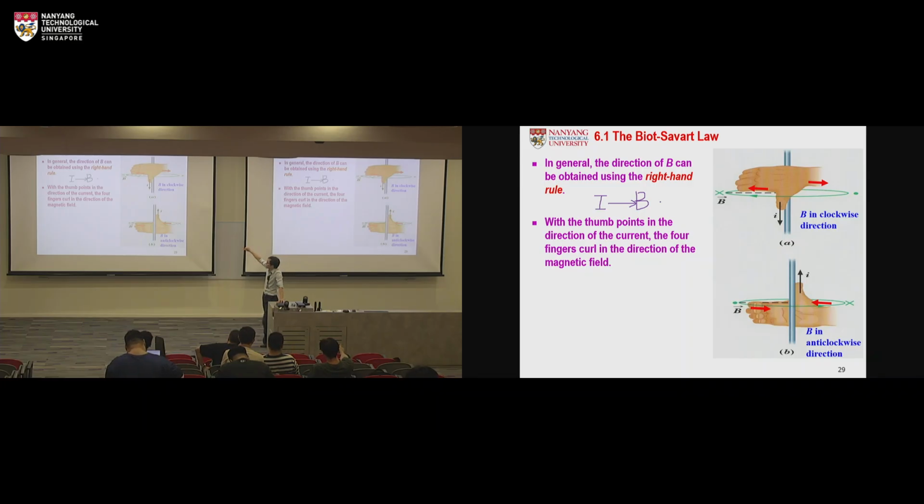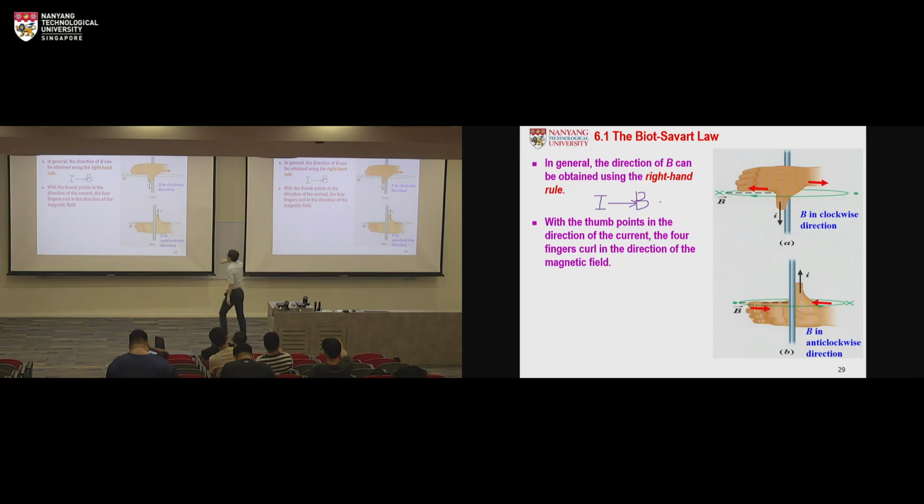Now what you need to do is to align your thumb with the current I, and then you curl your forefinger, and it will give you the direction of B. The B will follow the direction of how you curl your forefinger.